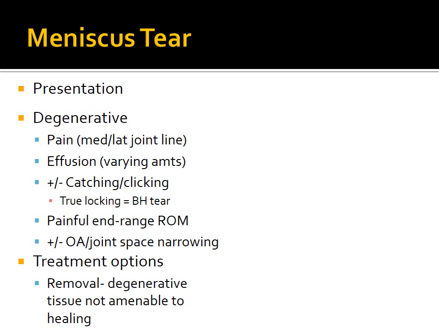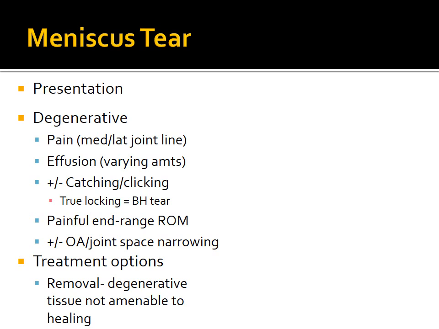As we've discussed before, the classic presentation of a meniscus tear is medial or lateral joint pain and tenderness to palpation. It's often accompanied by an effusion and symptoms of catching and clicking or even locking. End range of motion is often painful, and a loss of range of motion is also quite common.